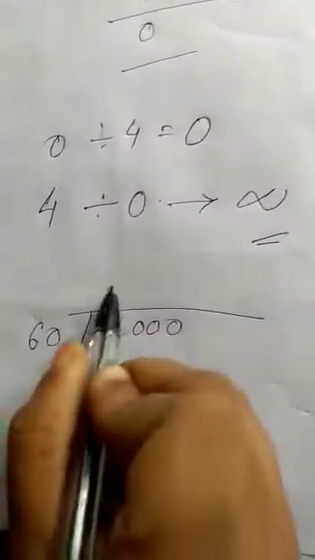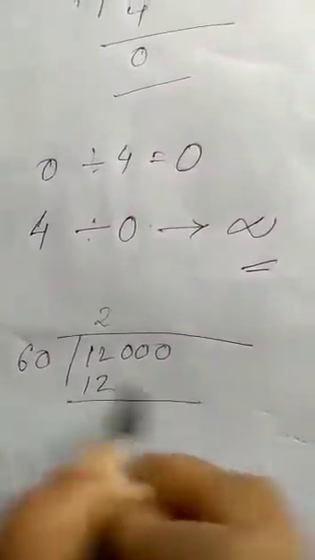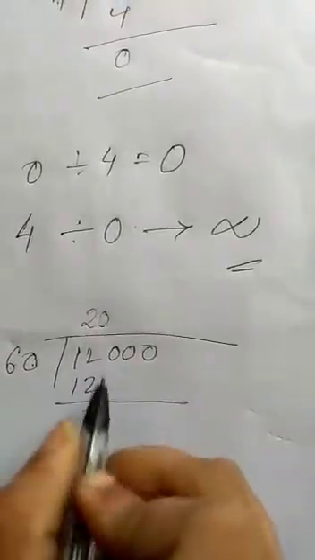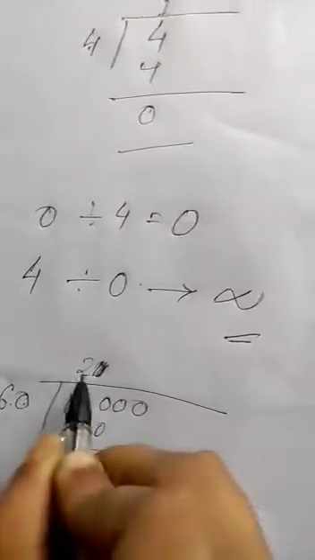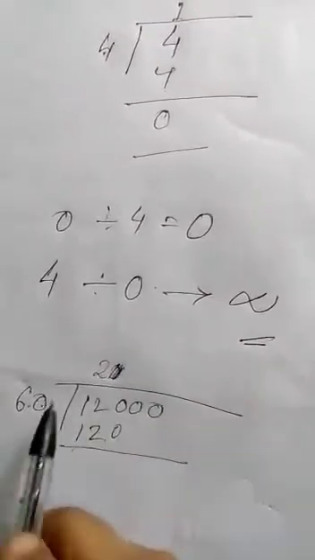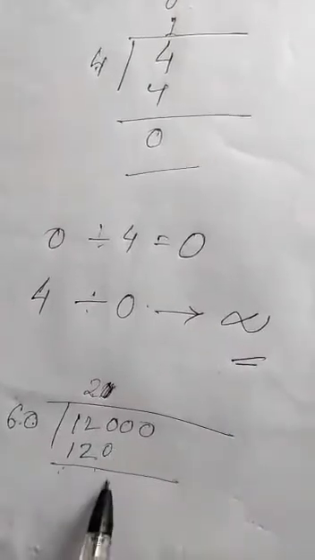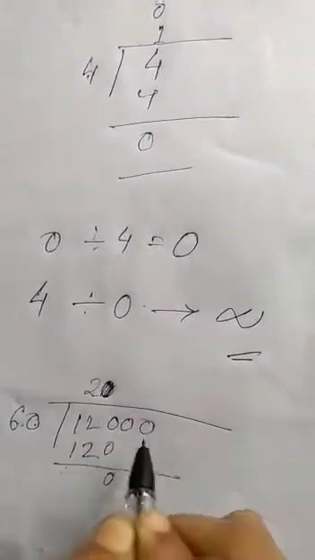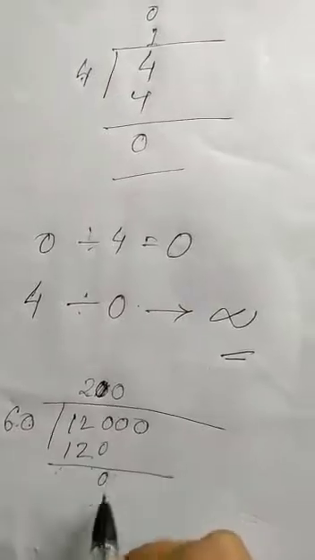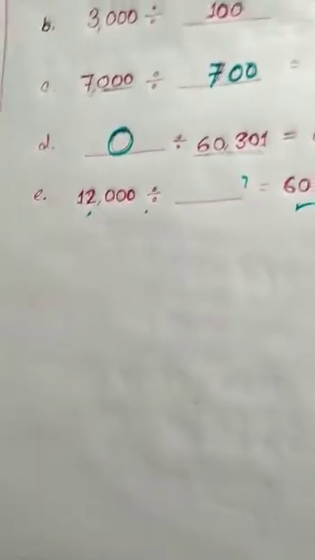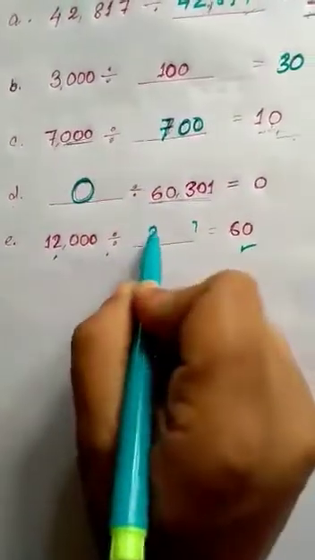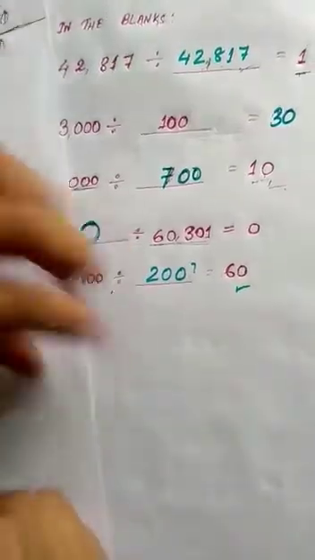See here, 6 twos are 12. Then 0 is there, and then 120 is 60 times 2, and one more 0 we can give. So it will be 200.